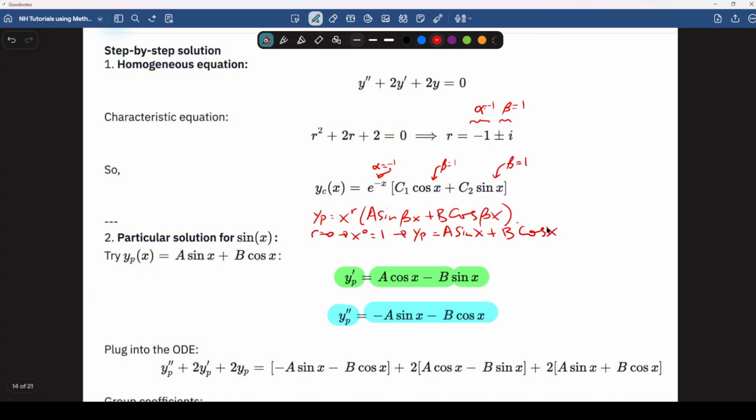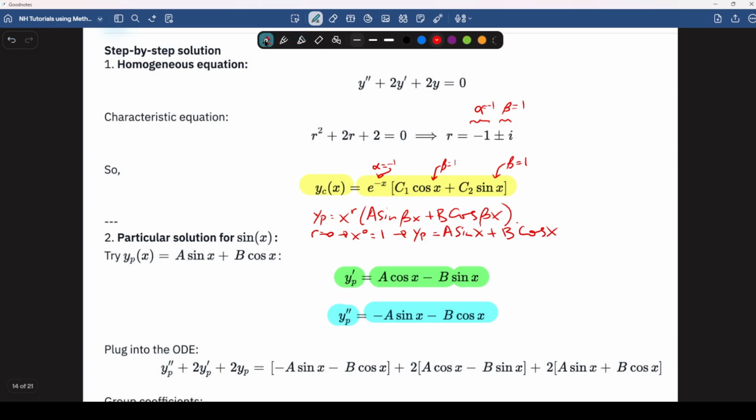So now we check with yc if there are any corresponding terms. Our yc is highlighted here to be this one and this one.